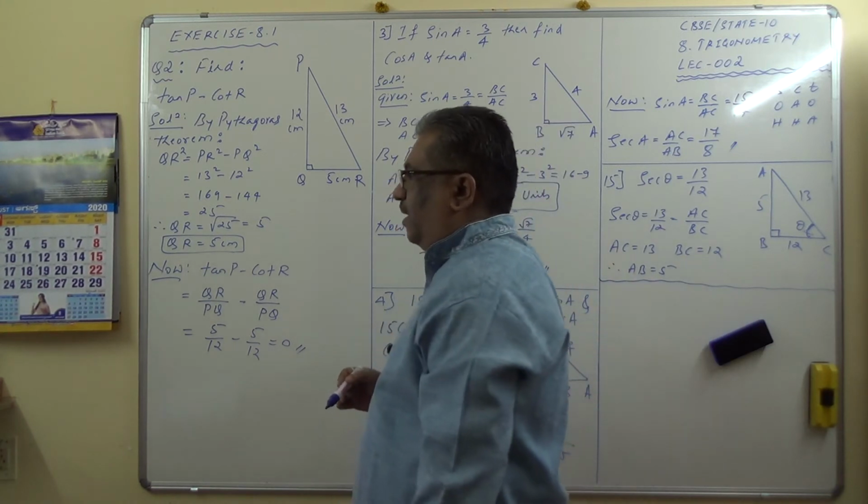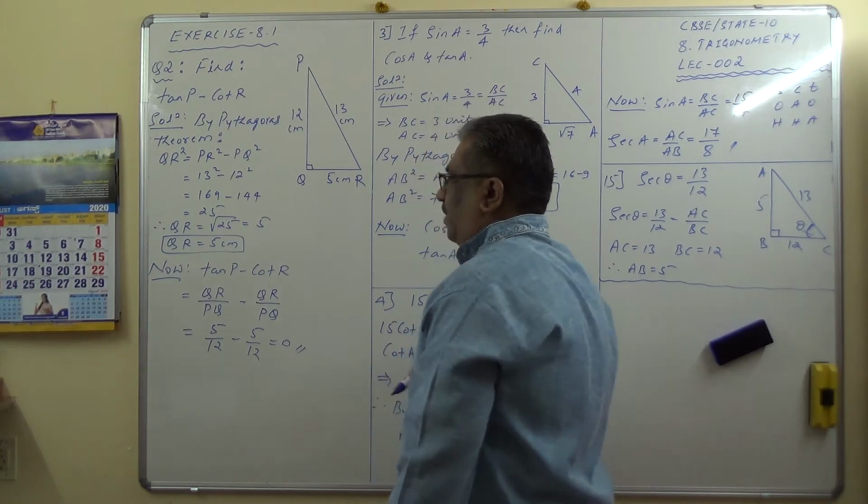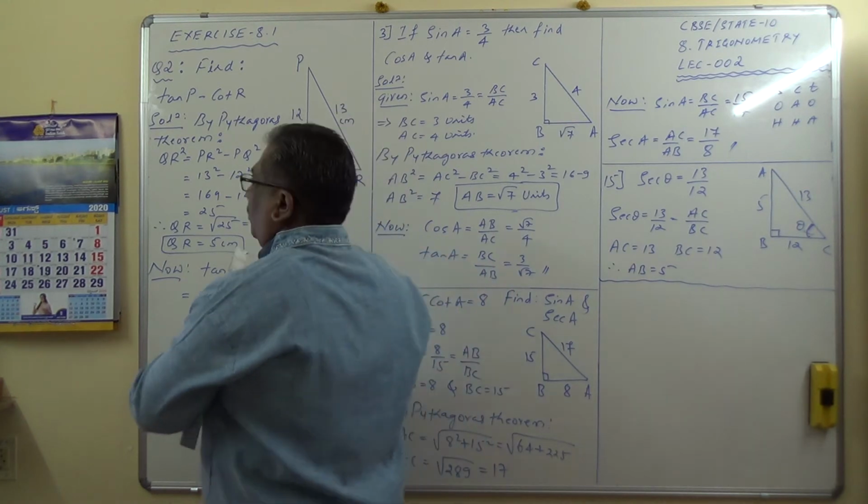If A and B are acute angles such that cos A is equal to cos B, then show that angle A equals angle B. This is interesting. Let us solve this one on the board. Question number 6.